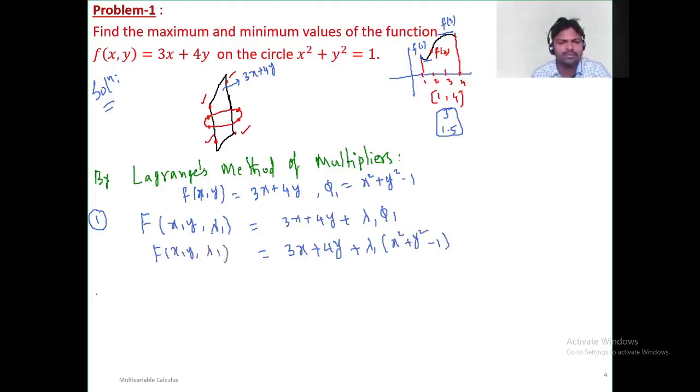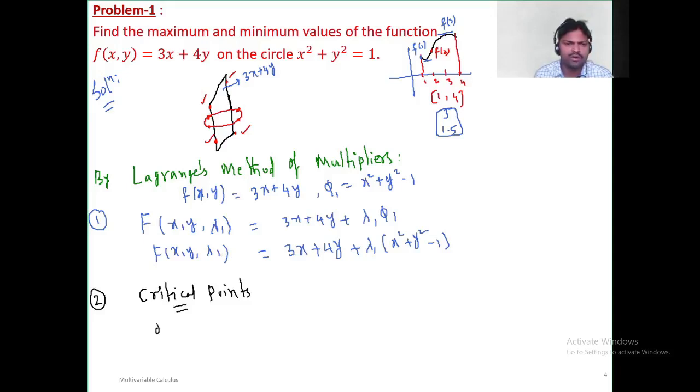What is the second point? Second point is, now you want critical points, right? Critical points. That is the second point in the methodology. How to collect critical points under the sufficient conditions? Dou f by dou x1 equal to 0 and dou f by dou x2 equal to 0, because there are two variables.